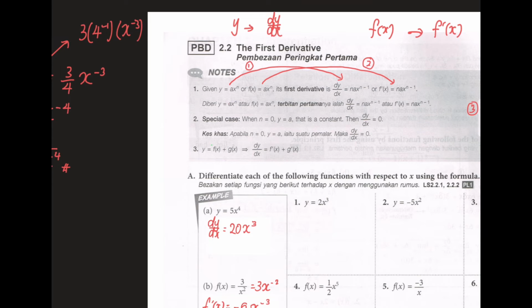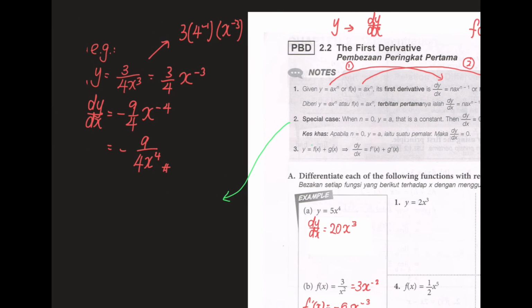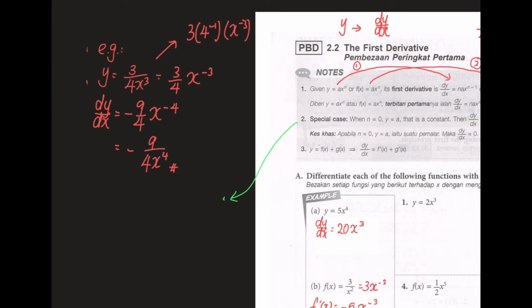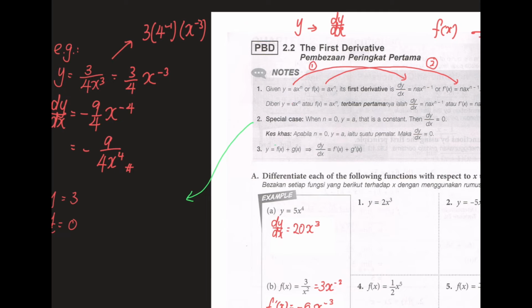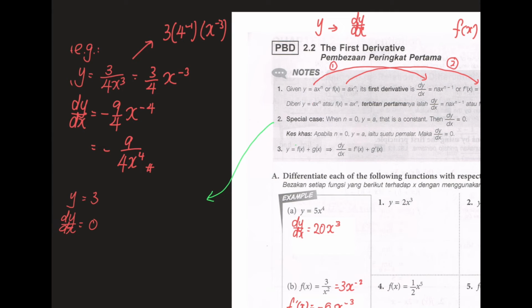So let's say an example: y equal to 3. Then dy/dx equals 0, based on number 2. If you want to do it step by step, it is going to be like this. If you have y equal to 3, that means y equal to 3x to the power of 0.